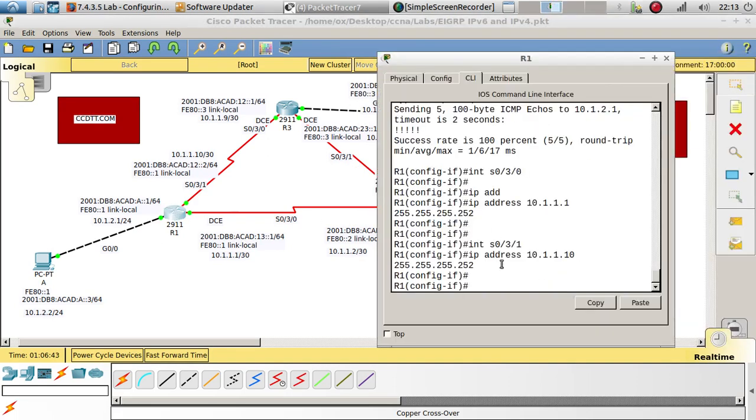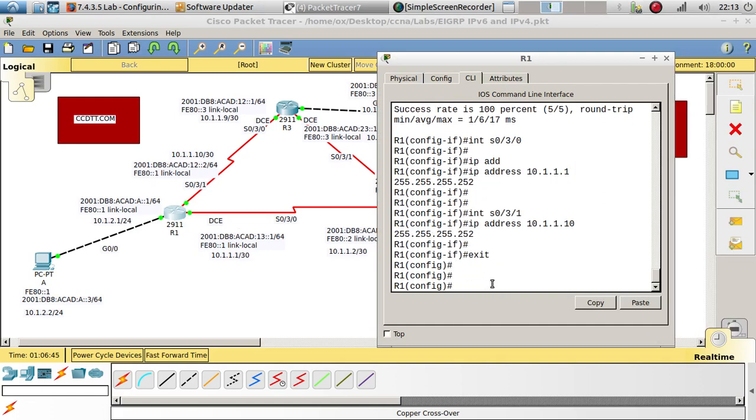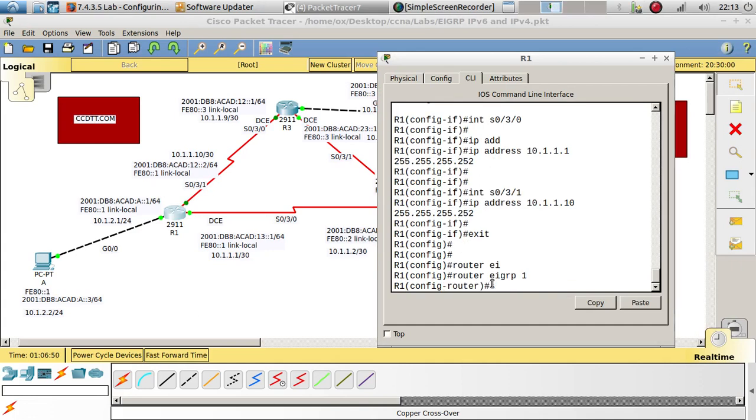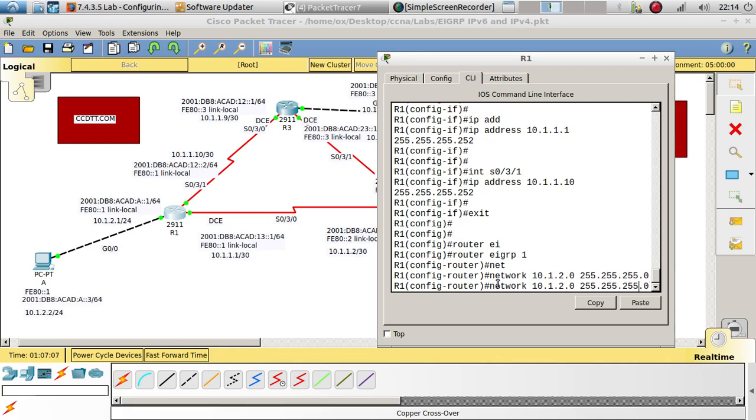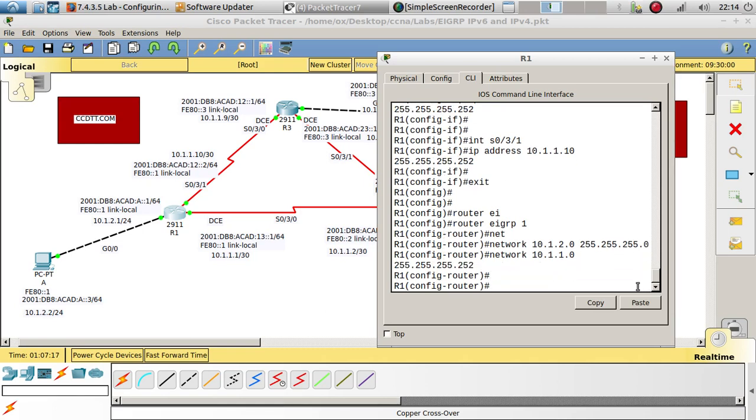And first, let's go ahead and exit and do a router EIGRP, router ID of 1. Alright, and from here what we could do is network 10.1.2.0 /24, and let's do the other one, which is 10.1.1.0 /30, which is 252.